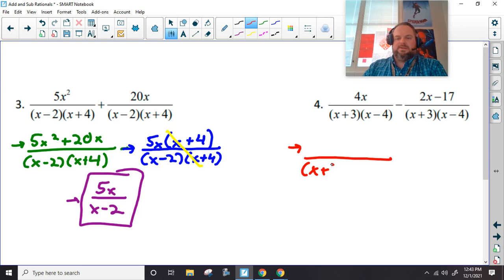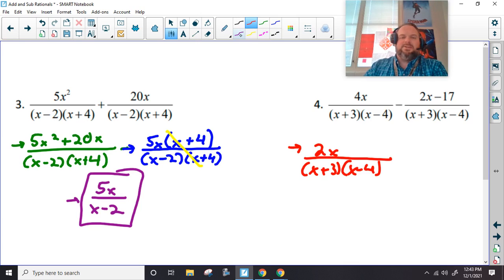So we leave this alone. Okay. All right. 4x minus 2x would just be 2x. Now, this is where people get kind of confused. There's not a constant right here, but it says minus negative 17.